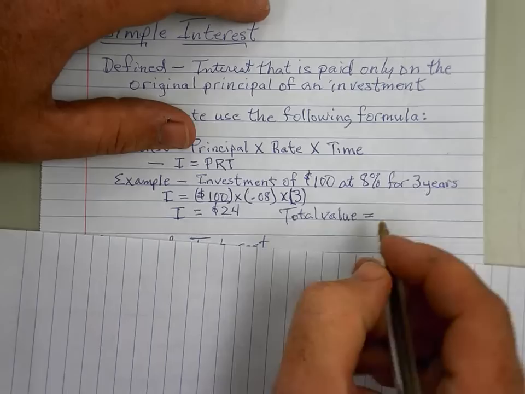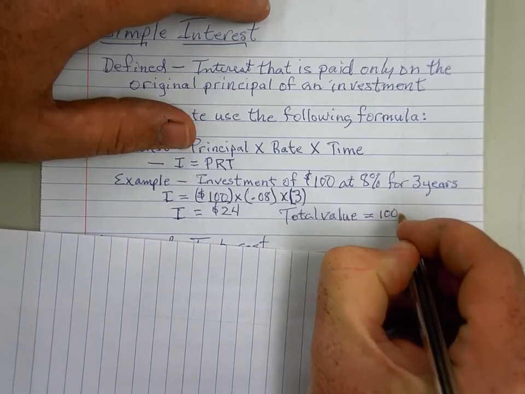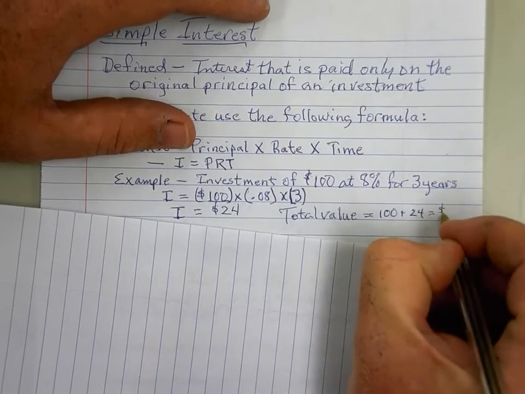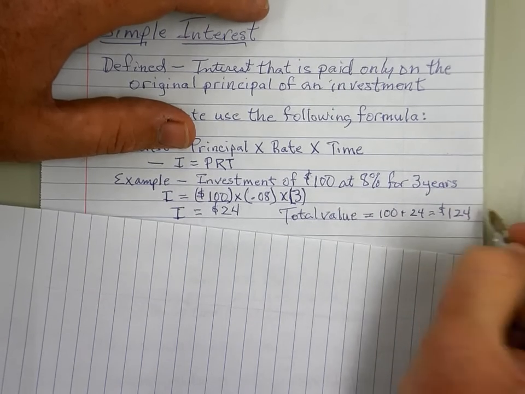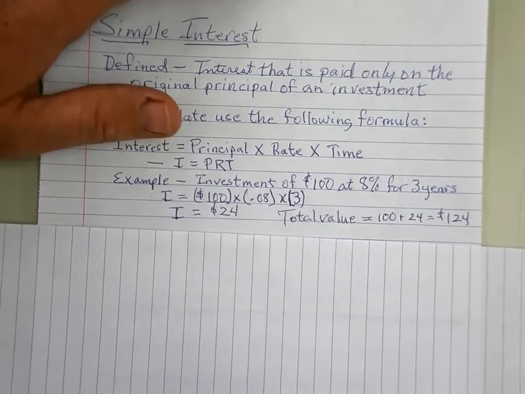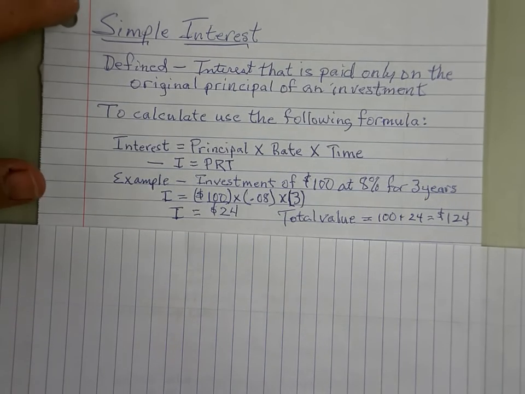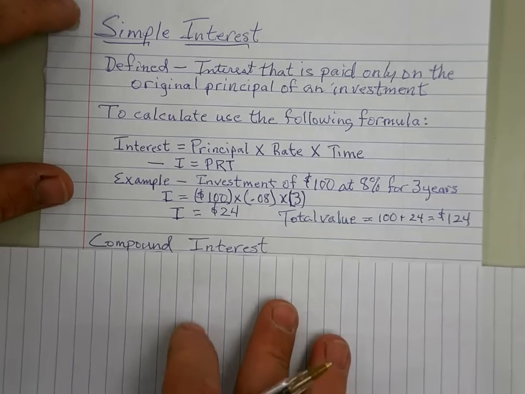And what that means then is the total value of your investment will be the original principal amount, 100, plus the $24. And so after 3 years, you'll have $124 as an investment. Okay? So that's how you earn interest on simple interest.